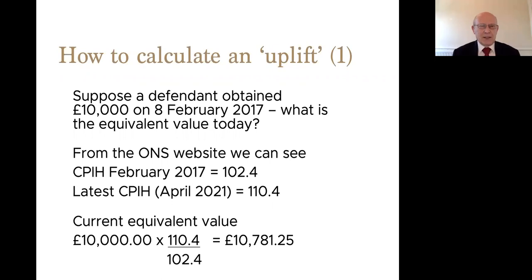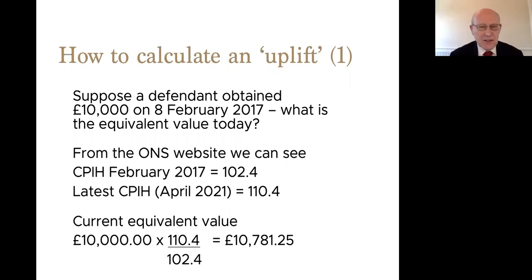It's a simple calculation. We take the amount that we are looking at, £10,000, we multiply it by today's CPIH, the latest CPIH that we have of 110.4, and we divide it by the CPIH that applied in the month in which it was obtained.